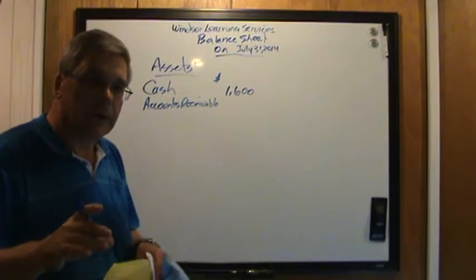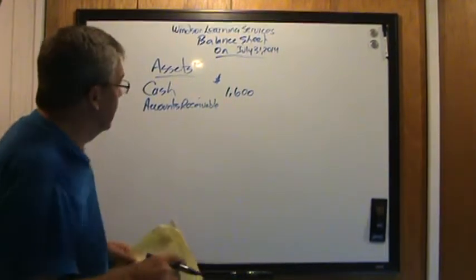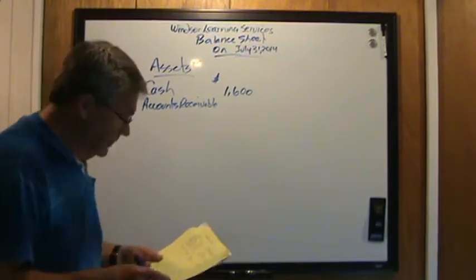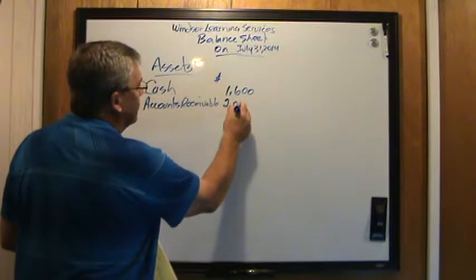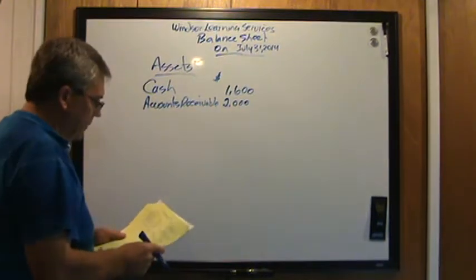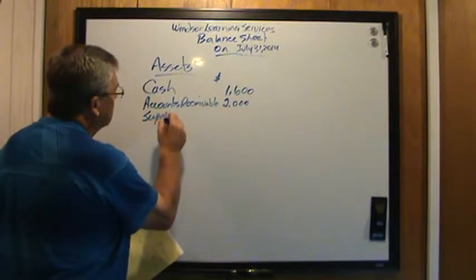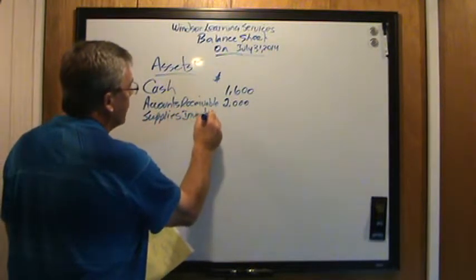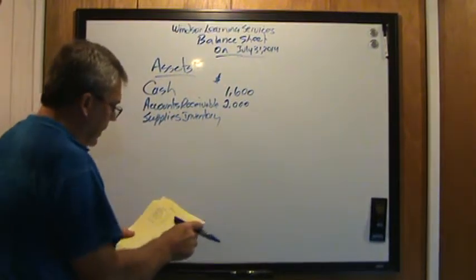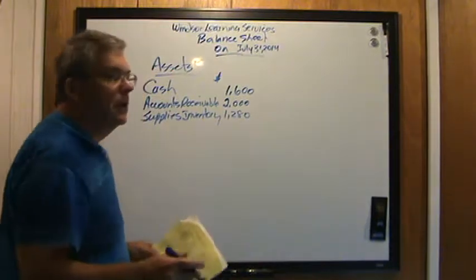You don't abbreviate them, so you don't leave any room for misinterpretation of what you're saying. Sometimes you have to write small to do it. Accounts receivable of $2,000. And supplies inventory is $1,280. So these are all current assets.